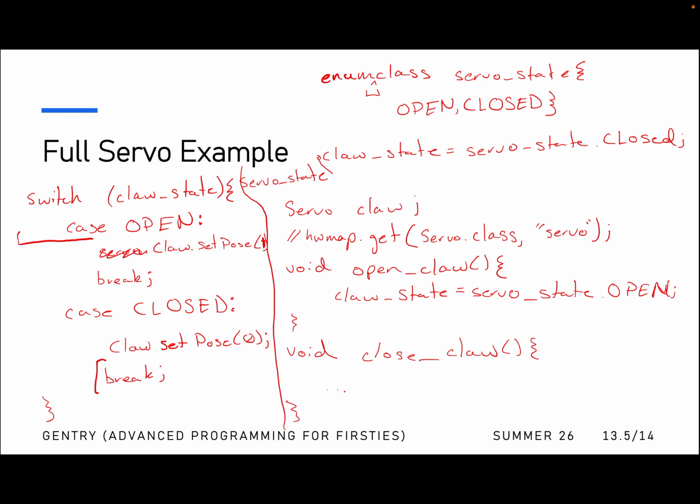This break statement is necessary because technically it will pass through all the way down if you don't have the break. So if I deleted this break right here, it would set the claw to closed always because of this claw.setPosition 0. So that's one thing to be careful of. You always need the break statement in a switch case. You could also just expand this into an if statement. That is totally doable. However, it doesn't work as well. So try and do it this way if possible.